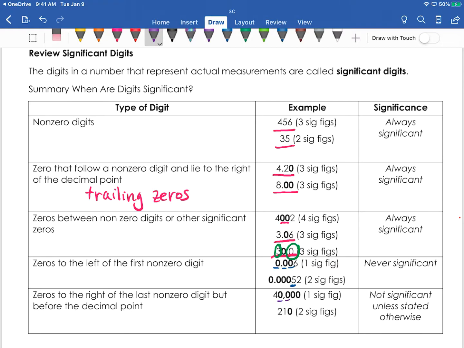So all of these zeros here, they do not lie between two significant digits, and they're on the left-hand side of the decimal place. So they are not considered significant. None of those zeros represent a measurement. And the same thing with this. This 0 here does not count because it's to the left of the decimal place and to the left of significant digits. It's not between two significant digits. So the only significant figures in the 2 and the 1 and the 0 is the 2 and the 1. Unless, of course, it's otherwise stated.